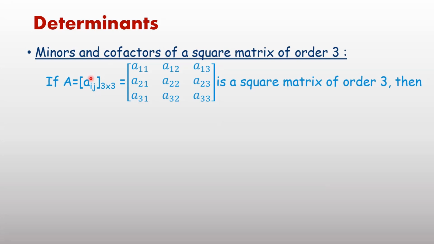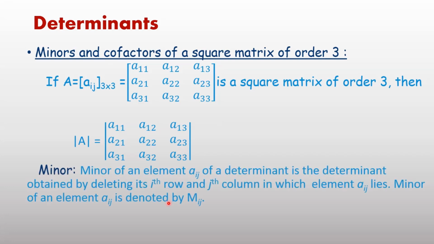Then, minors and cofactors of a square matrix of order 3, which is very important. There are 9 elements. It implies you will get 9 minors and 9 cofactors. The definition is the same.